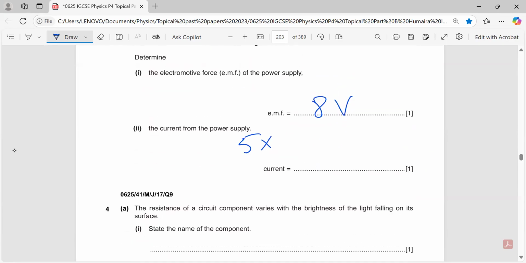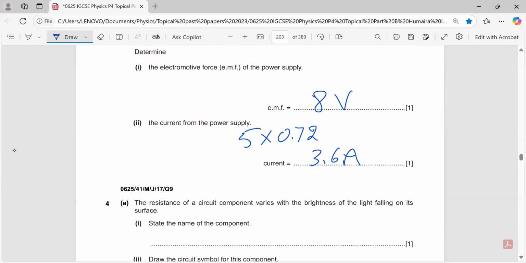Just simply multiply 5 with the value of current of the single current, because in the parallel combination, the value of current is split up. Okay, so it's divided. So your answer will be 3.6 ampere. Okay, 3.6 ampere.